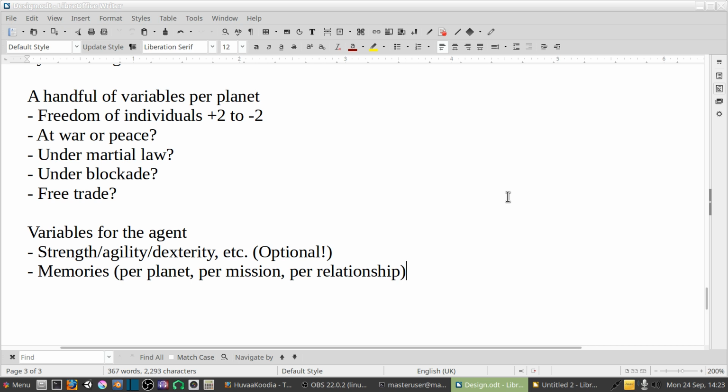So I want to base the future actions of the agent on what they've done before, not necessarily on their innate traits, because it doesn't really matter. Your strength, does it really matter in the future that much? I'm not sure how the missions are made though. Should they be abstract?